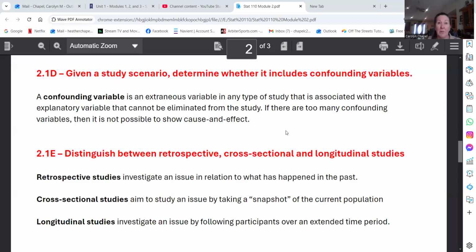Some of the confounding variables that are out there are a person's beliefs or attitudes, and if we're talking about how drugs react, our gene pool, where our mothers and our fathers came from, our ethnicity. That can have an effect on how certain treatments affect us based on our genetic makeup. So those are confounding variables that we just can't get rid of.